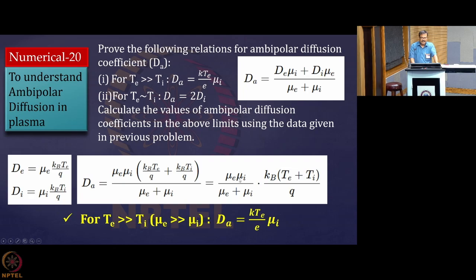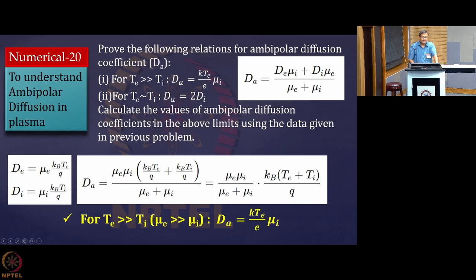So what can we get from here? You just divide by mu_e in both numerator and denominator. On top you will get mu_i, and at the bottom you will get 1 plus mu_i by mu_e, because mu_e is much greater than mu_i. So this you can neglect compared to 1, and then you get this very easily: kTe by E times mu_i. So that is the first relationship that you wanted to have.